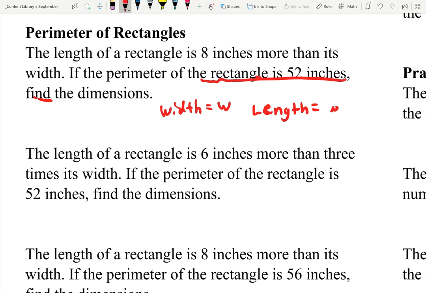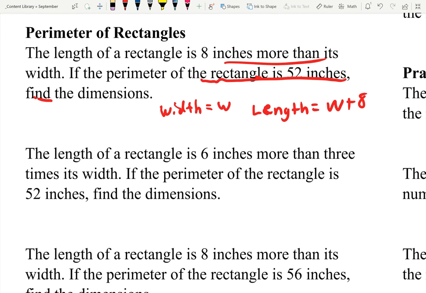The length would be w plus 8, because that's 8 inches more than the width, right? If the width is w, 8 inches more than the width is w plus 8, taking that width and adding 8 to it.